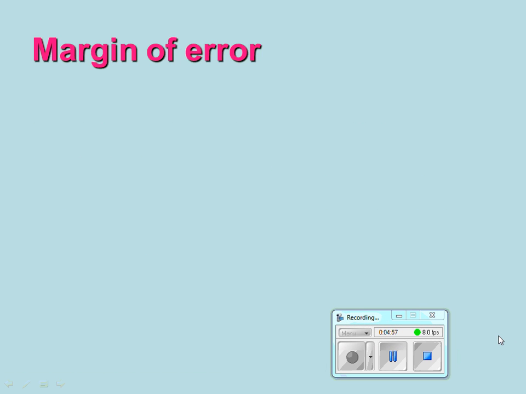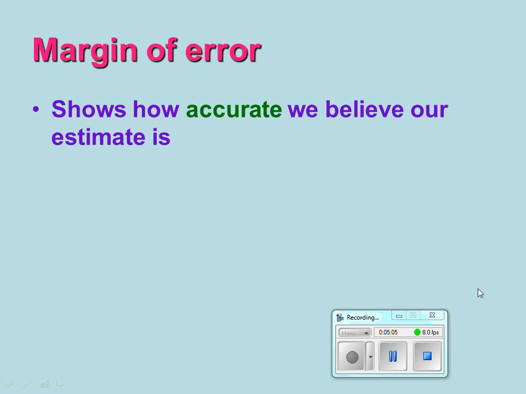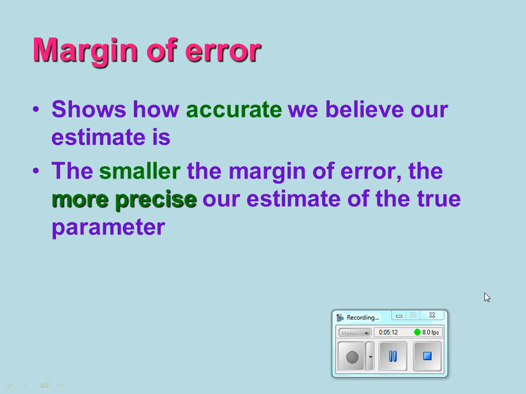Then we move on to margin of error. Our margin of error shows how accurate we believe our estimate is. The smaller the margin of error, the more precise our estimate of the true parameter, for example our true mean or our true p.